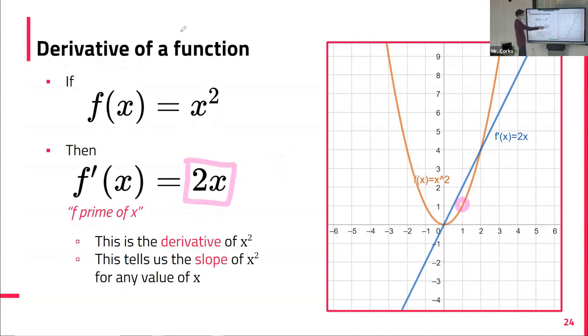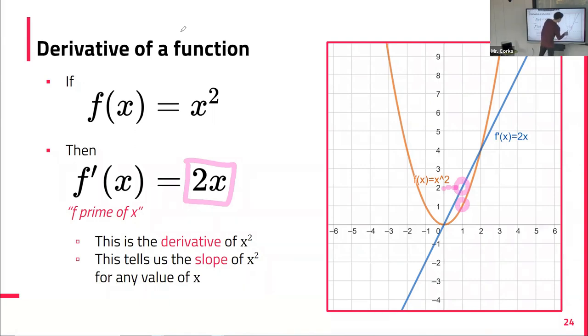Because 1 times 2 is 2. Also, look at the graph. The y value of the blue one tells us the slope of the orange one. So that's a visual thing we can recognize here. The y value of the blue one there, when x is equal to 1, is 2. So that is the slope there.